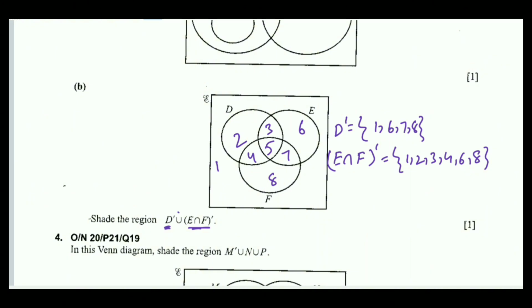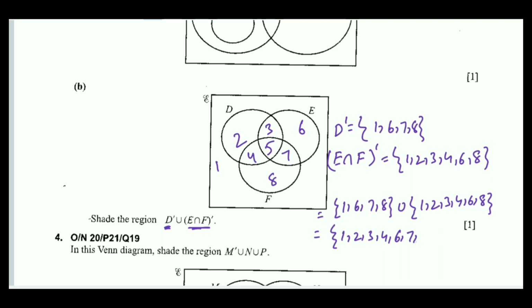Now union. Find the union of both sets. 1, 6, 7, 8 union 1, 2, 3, 4, 6 and 8. So union means all the numbers combined: 1, 2, 3, 4, 6, 7 and 8.